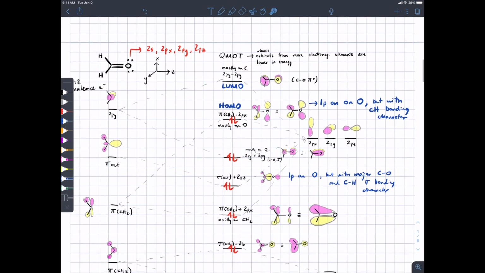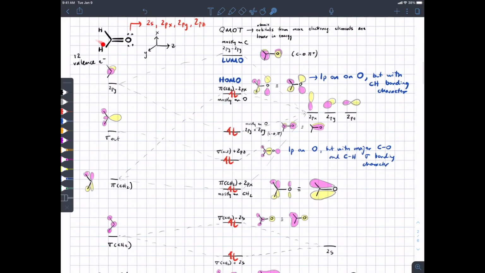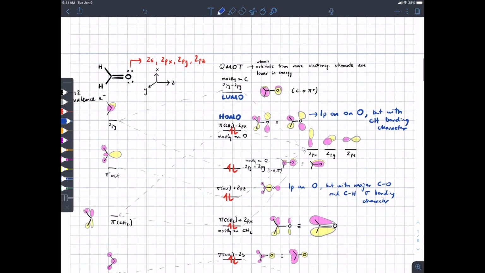And if you were going to have the formaldehyde react as a nucleophile, which electrons would do the attacking? And of course, the answer is the highest energy lone pair electrons, not the electrons in the pi bond.